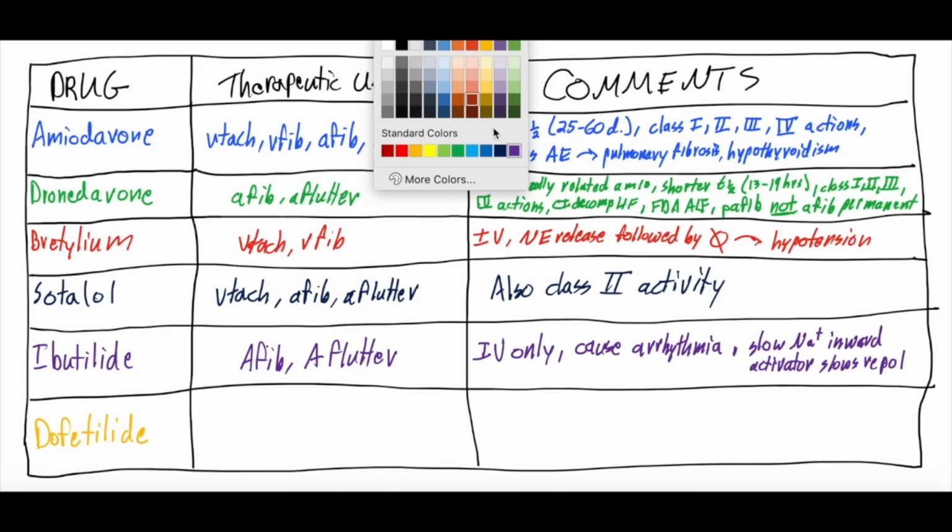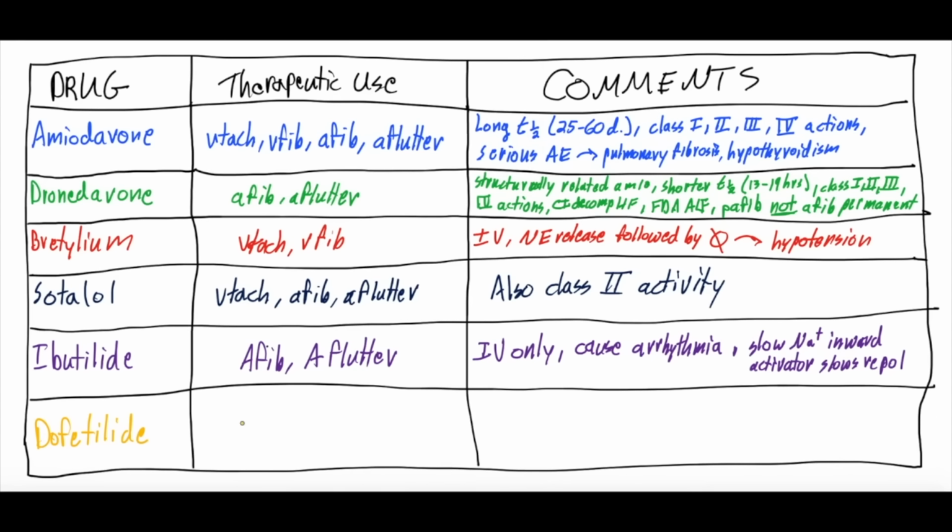All right, and then last but not least, dofetilide. Dofetilide is primarily used for atrial dysrhythmias, AFib, A-flutter. It is a selective potassium blocker, so it doesn't have alternate class activity.